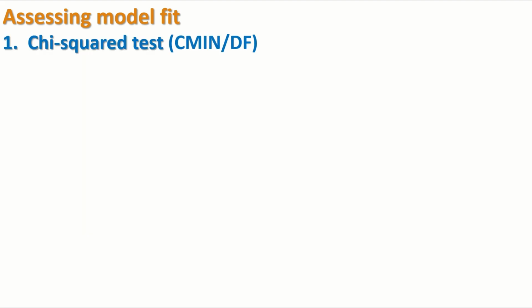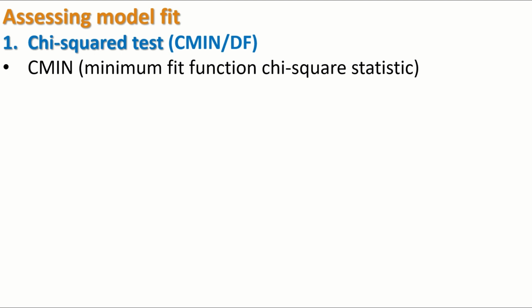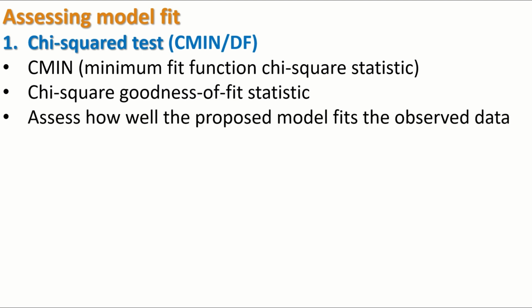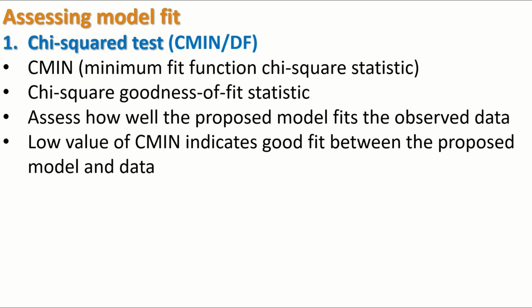So to assess the model fit, first of all, perform the chi-square test. As shown here, the CMIN is the minimum fit function chi-square statistic. The chi-square goodness of fit statistic is performed to assess how well the proposed model fits the observed data.